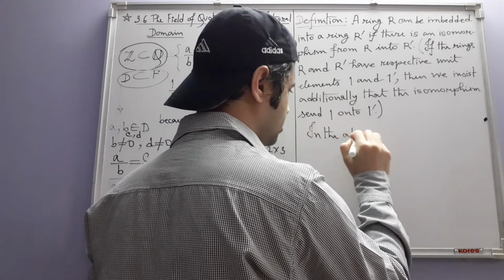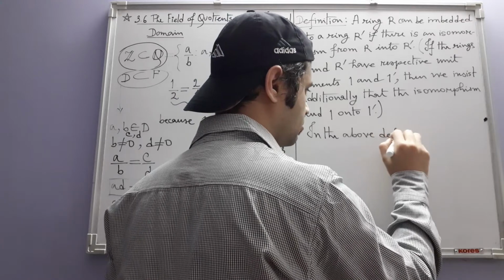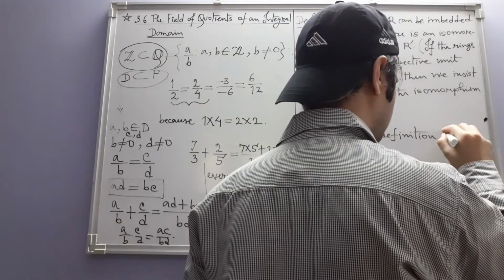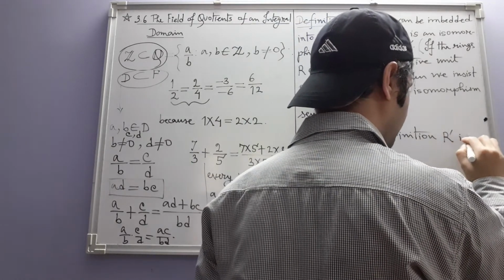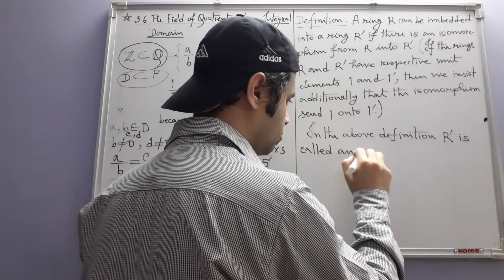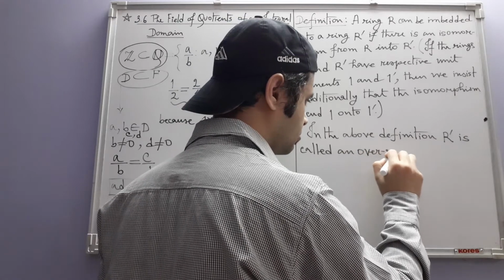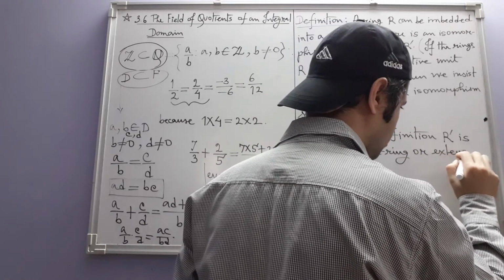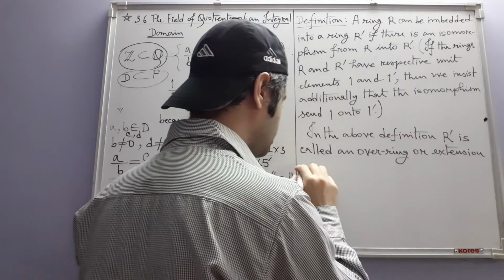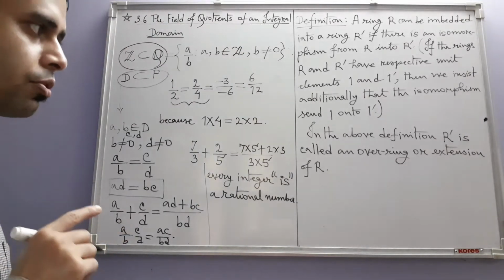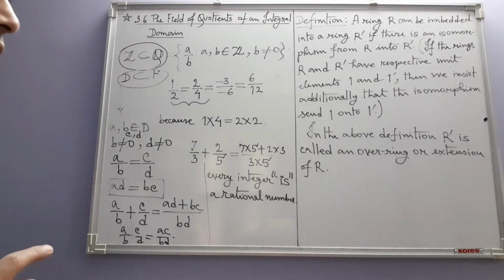In the above definition, R prime is called an overring or extension of R. The word extension is more popular, and in fact we will devote an entire chapter to extensions of fields.